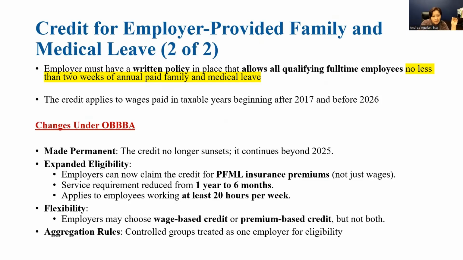Now, the restriction has been reduced. You can be a qualifying employee for this benefit as long as you have been working for the employer for 6 months. Now, there is another provision that applies. This provision also applies to employees working at least 20 hours per week, not just full-time employees.